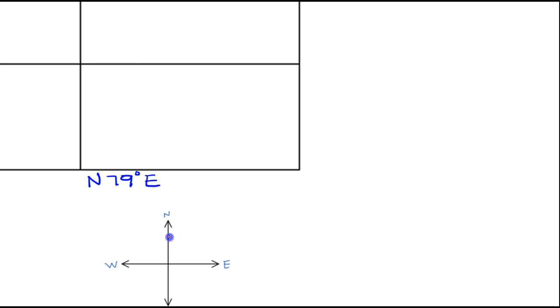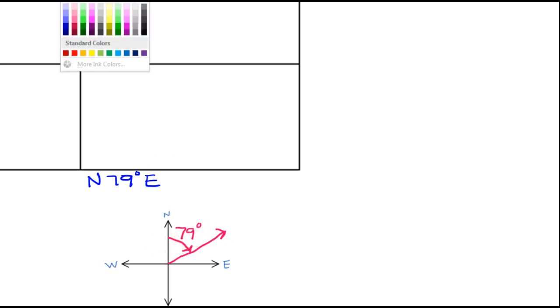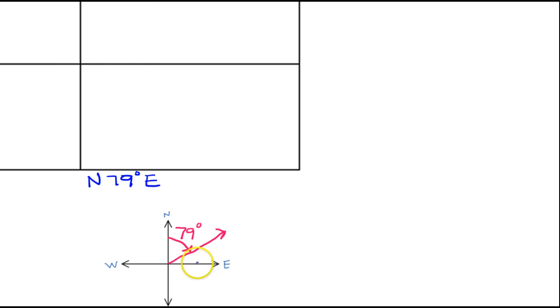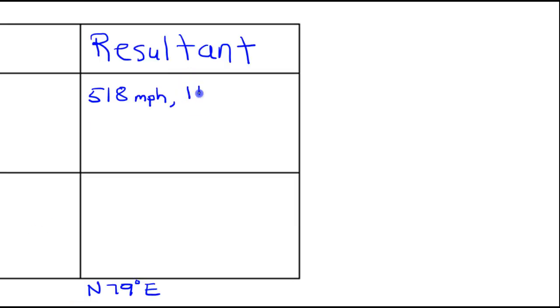That means start at north and turn 79 degrees towards the east. So that vector would be here, and this angle is the 79 degrees. Now we can't use the 79 in our calculations because we need the angle measured counterclockwise from the east. So again, in order to add up to 90, this must be 11 degrees. So that's the angle that we will record on the table, 11 degrees.